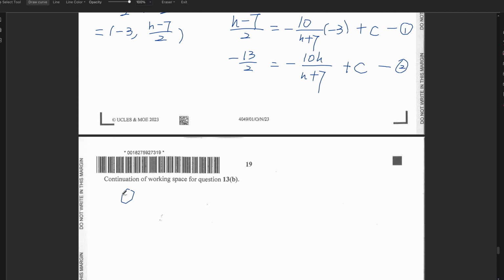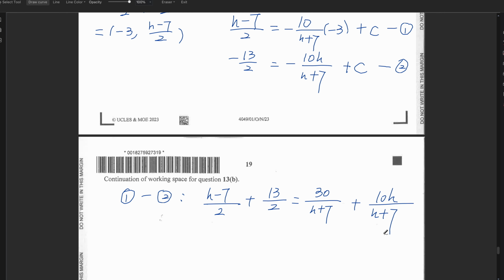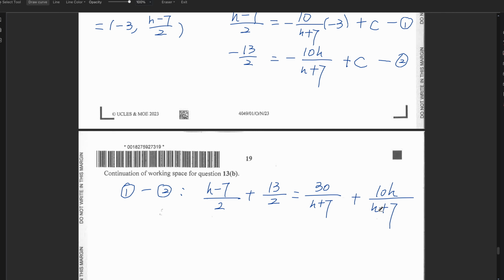Equation 1 minus equation 2, I get (h minus 7) divided by 2 plus 13 divided by 2 equals 30 over (h plus 7) plus 10h over (h plus 7). Alright, the c's cancel out.